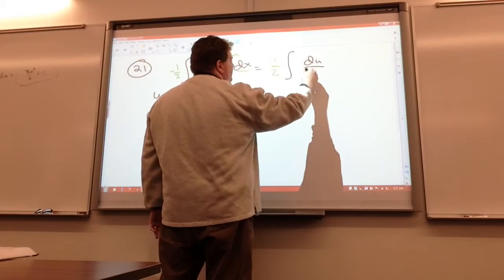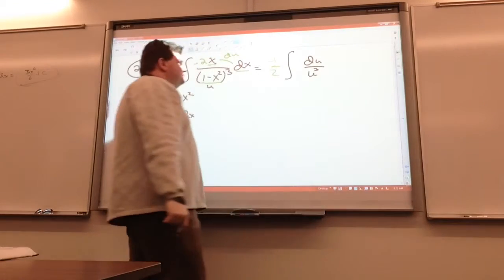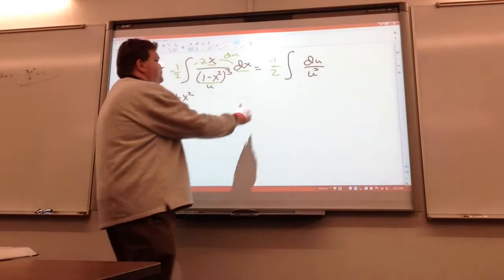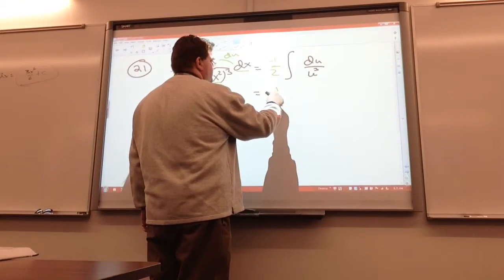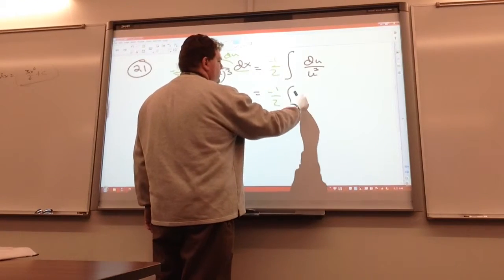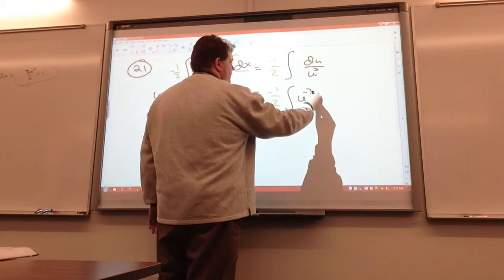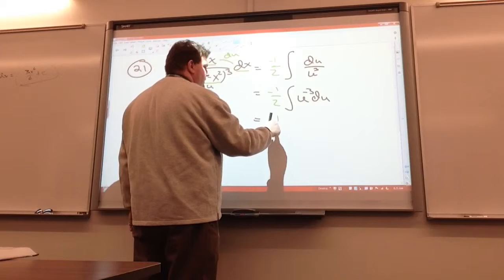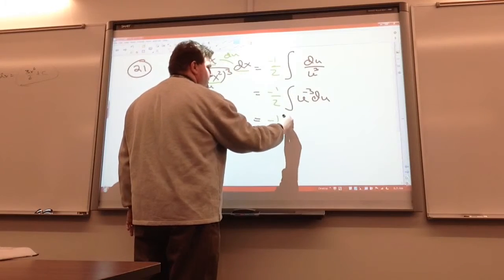On the bottom I have u to the third. Now, what do I have to do to the u to the third in order to do this integral? Do I want to leave it down there? No, I'm going to bring it up with a negative exponent, right? And that should be an easy enough antiderivative to take, right? What's the antiderivative of that?